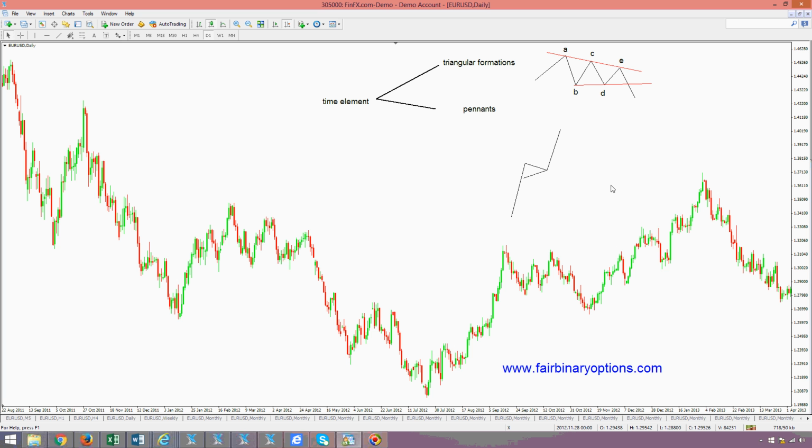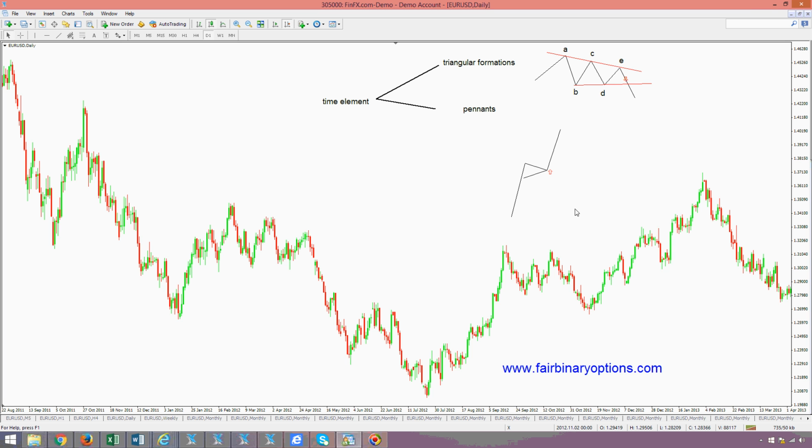In both cases here, it is desired to trade in the first instance put options, and in the second instance call options, by the time that the consolidation area is completed. A consolidation area that is bearish in the first instance, hence the put option, and bullish in the second instance, hence the call option. Now, all this can be done by having an ally on your side. I'm talking about the time element.